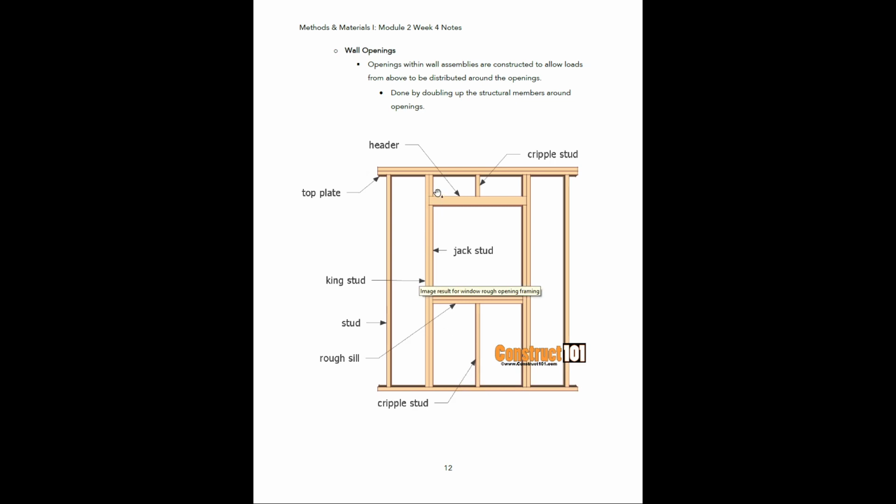And if you look at this assembly, like I said, anytime you have an opening, they're going to add in all these extra studs in order to double up the structure around the opening. That just allows all the weight that is coming from above to be transferred around the opening and not be impacted by there not being a stud here in the middle.